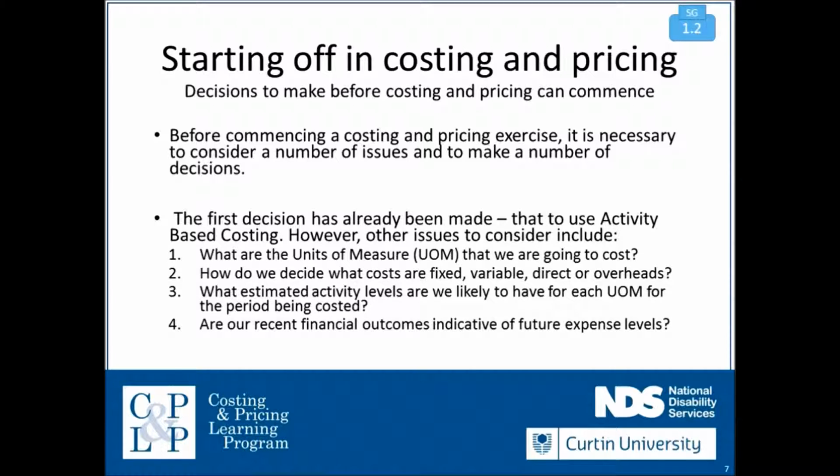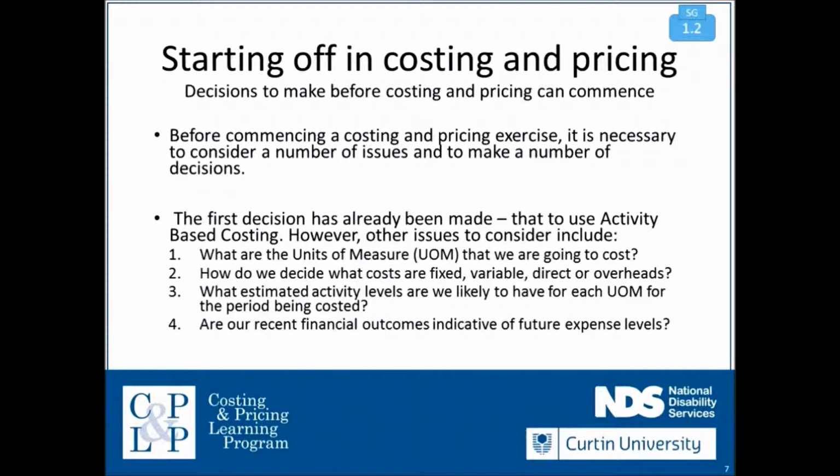And then thirdly, the timing of those two aspects. In estimating the activity levels, we're trying to determine how many units of each type of measurement you are going to be selling, if you like, into the market, and therefore how many units you have an opportunity of selling to recover your costs of service.